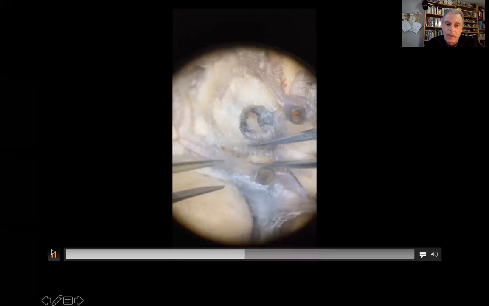Now we have removed the hypophysis. We have the tuber cinereum. Here is the infundibulum, the internal carotid arteries, and here we have the caudal intercarotid artery and the caudal communicating artery of the Circulus Arteriosus cerebri. All these vessels are in the subarachnoid space. However, the hypophysis is not surrounded by leptomeninges.